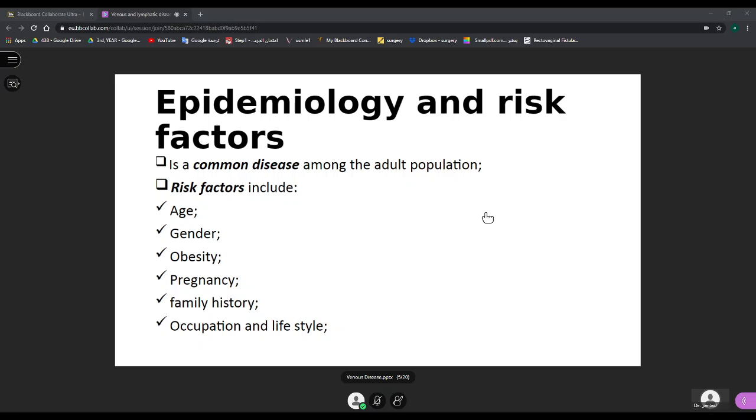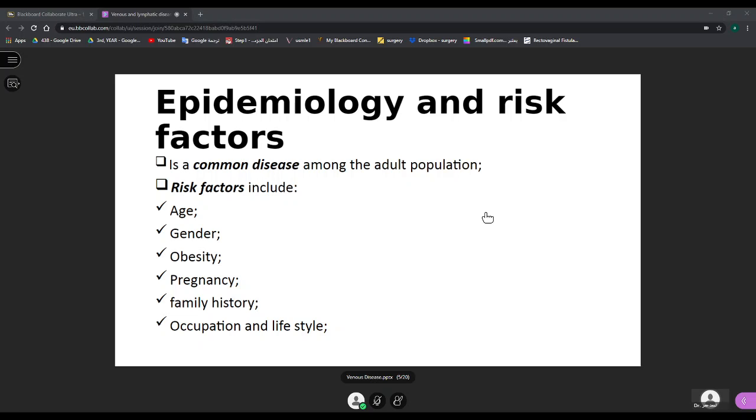Regarding the epidemiology and risk factors of varicose veins, the disease is very common among adults, particularly those who, due to their jobs or lifestyle or for any reason, stand for a long time. It has been found that people who stand for a long time are more prone to developing varicose disease.